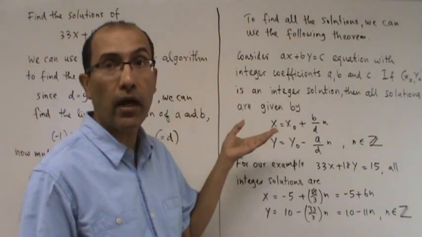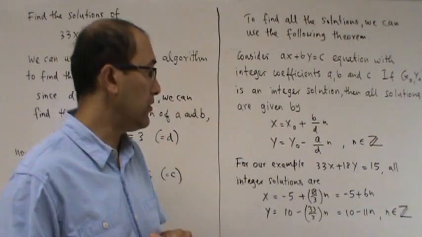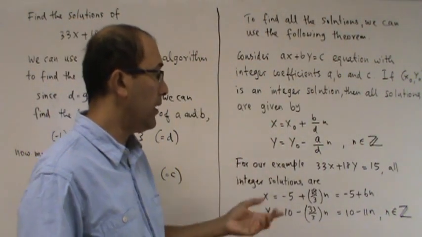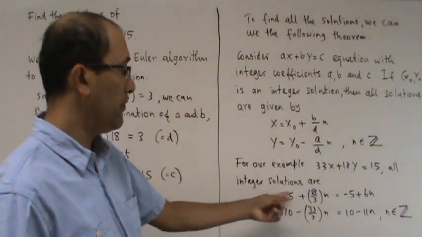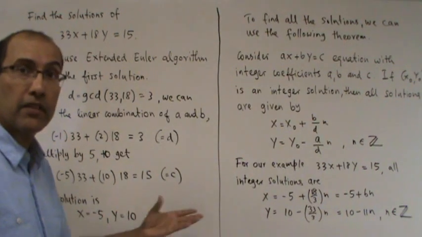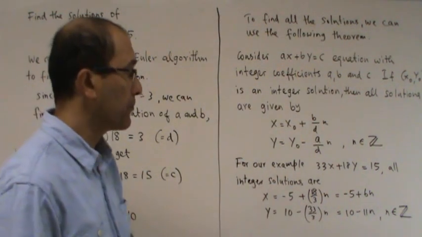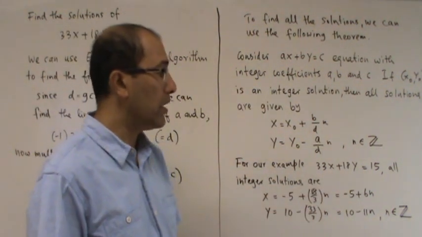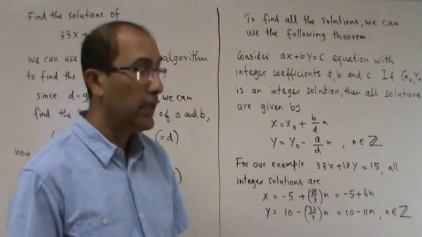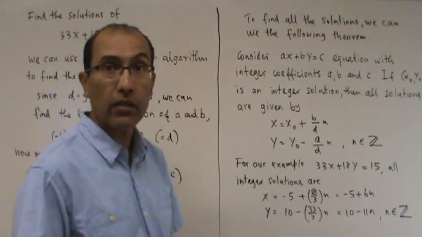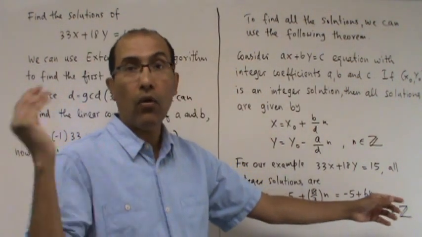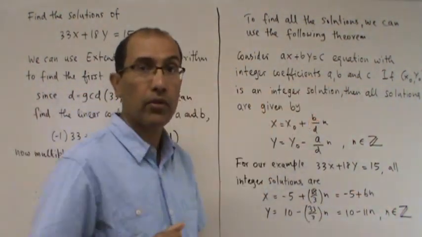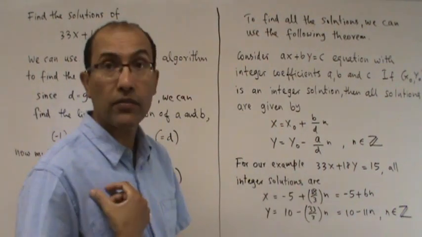So with this formula we can write all the solutions, and for example I'm using this solution negative 5, 10 as my first solution, and so this gives me all the solutions for every integer n. So you will see there are an infinity of solutions as n cycles through all the integers negative, 0 and positive.